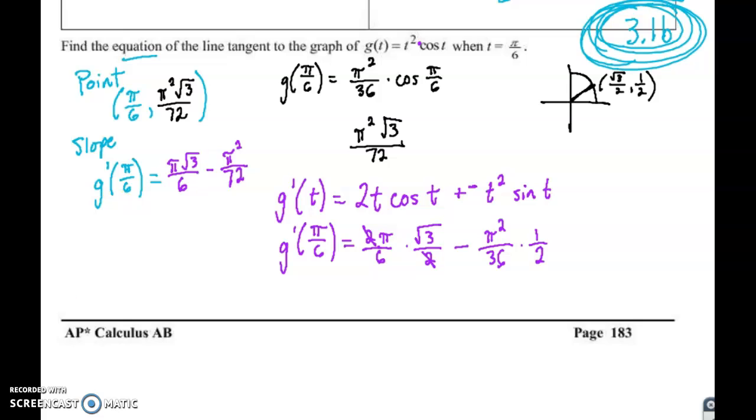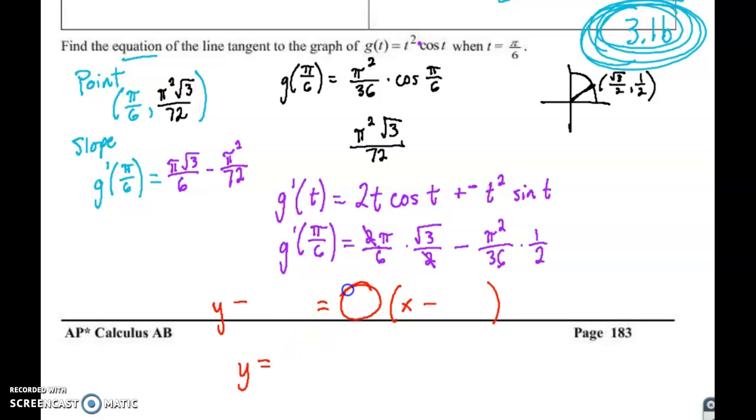So let's finish this problem. Because remember, the tangent line you could write in point slope form: x minus your x-coordinate. So you could write it all out, but remember to write it as y equals, which is the preference. You just move this negative over by adding it.